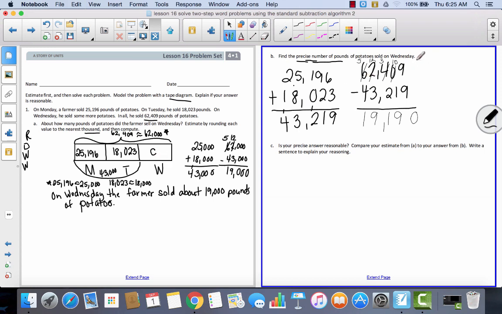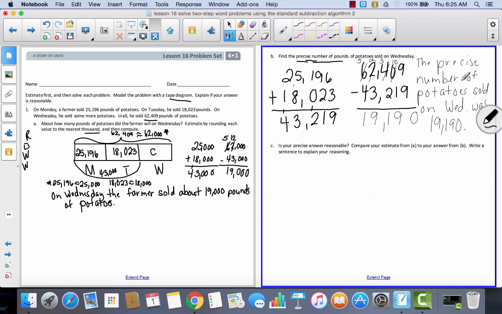So I'm going to say the precise number of potatoes sold on Wednesday, and I'm going to abbreviate Wednesday, was 19,190.